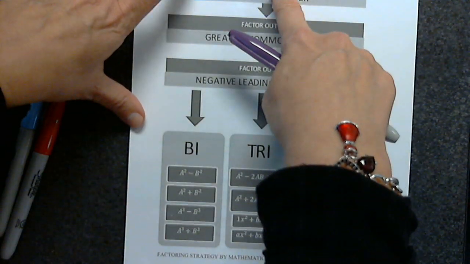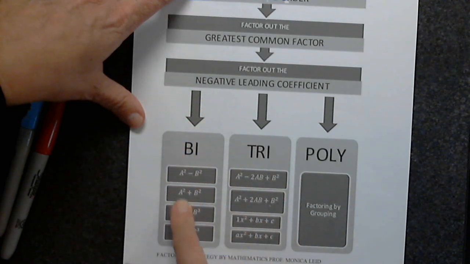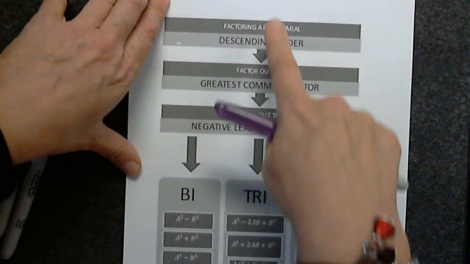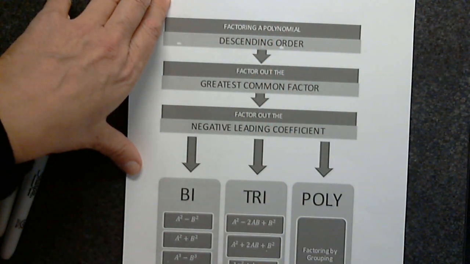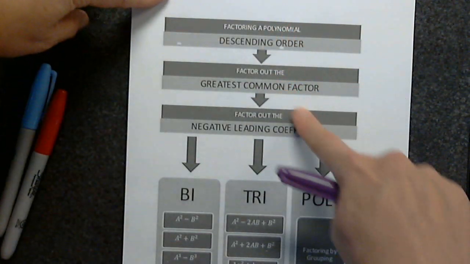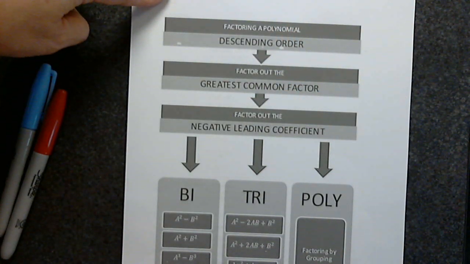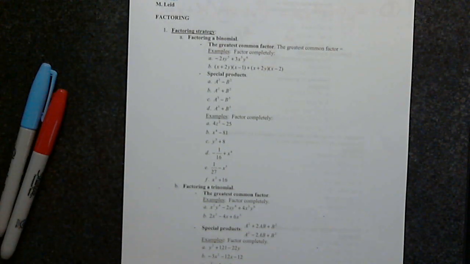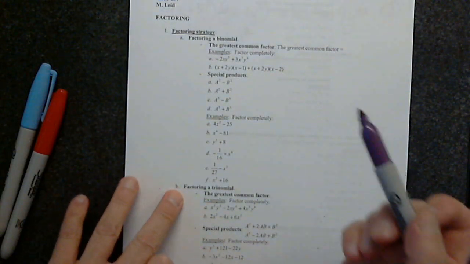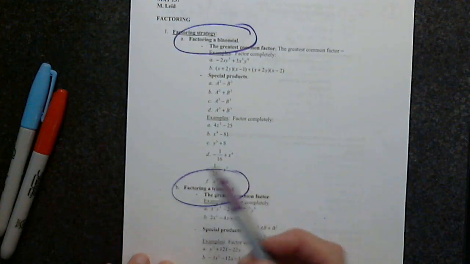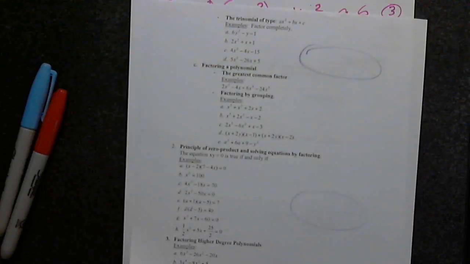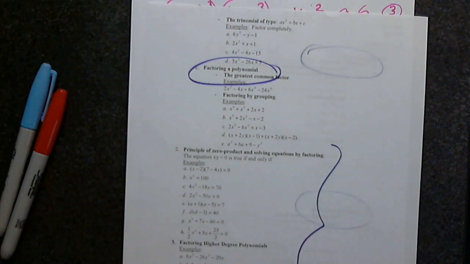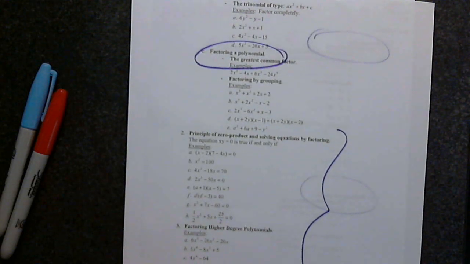Secondly, I will follow this path if it's a binomial, this path if it's a trinomial, and this path if it's a polynomial, 4 terms or more. That's the reason why I divided factoring into 3 different steps: binomial, trinomial, polynomial. And these are applications of factoring.